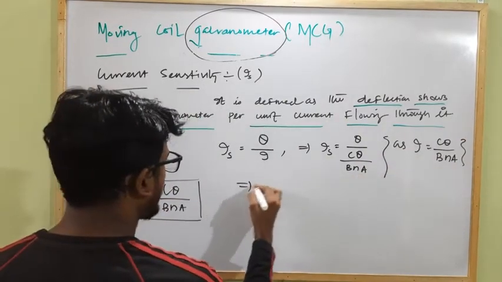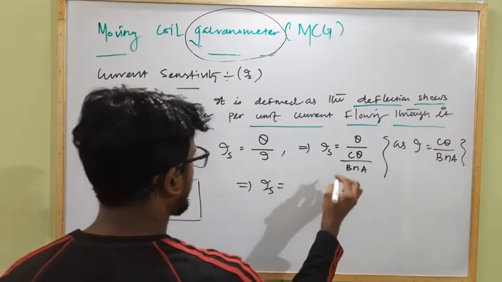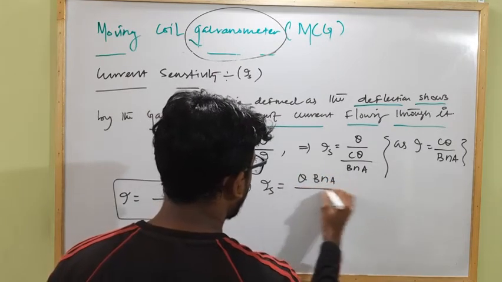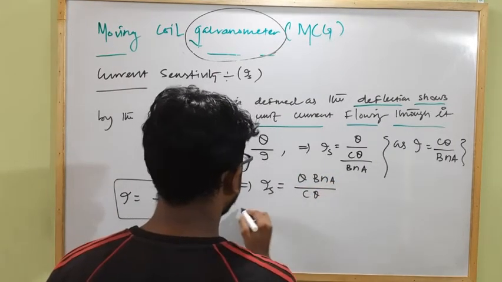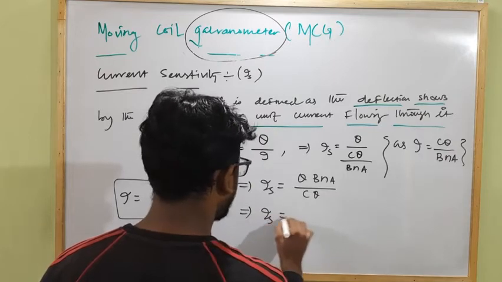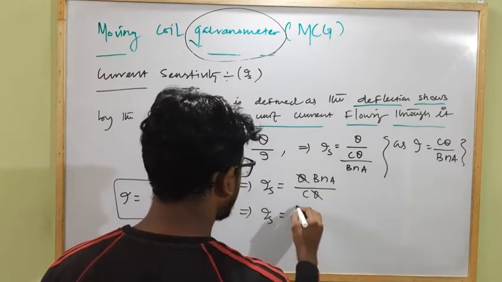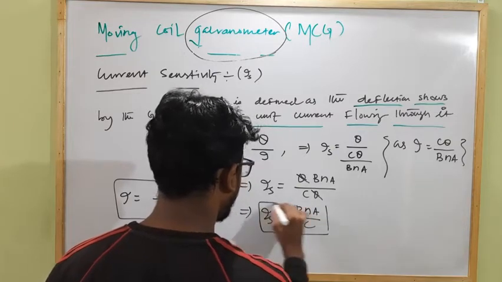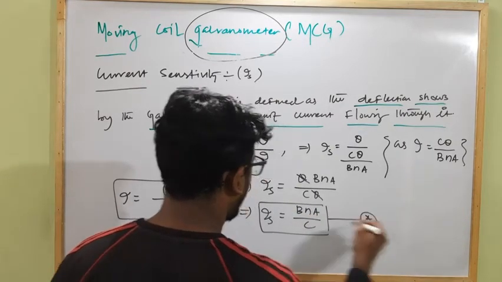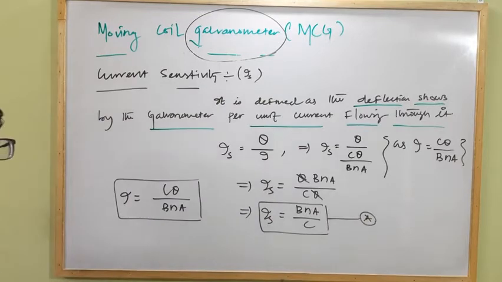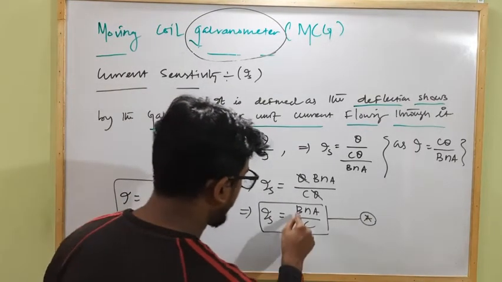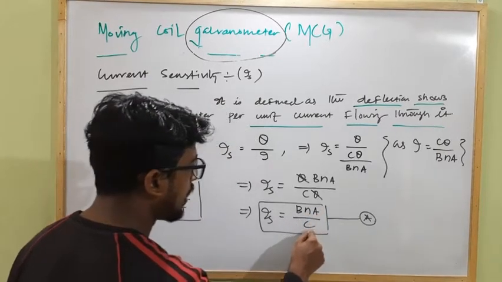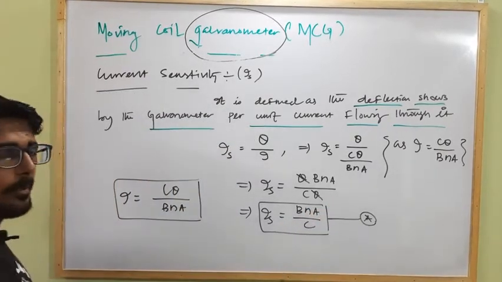So the current sensitivity IS will equal to theta into BNA divided by C theta. Theta will get cancelled, so the current sensitivity is equal to BNA divided by C. So the current sensitivity of a moving coil galvanometer depends upon what? Magnetic field strength, number of turns and cross sectional area of the coil, and torsional constant of the spring. Clear?